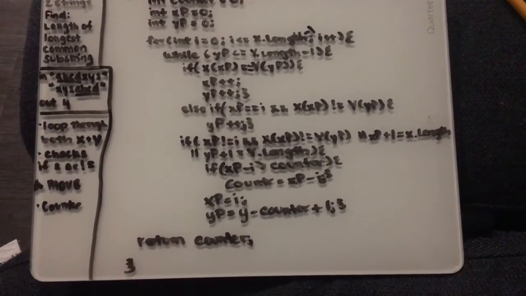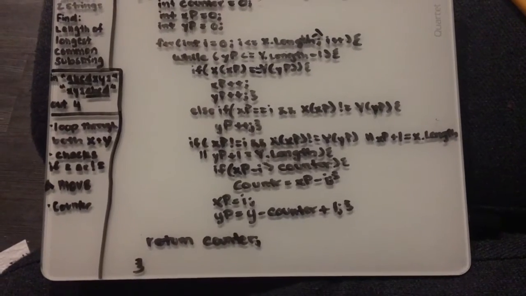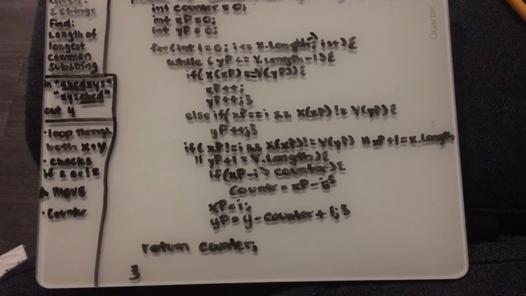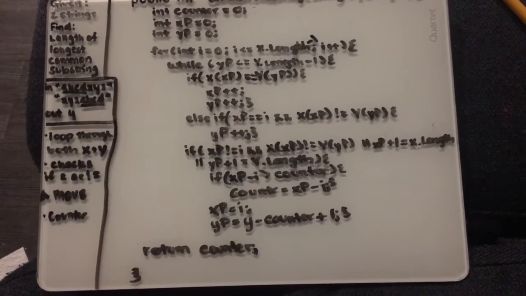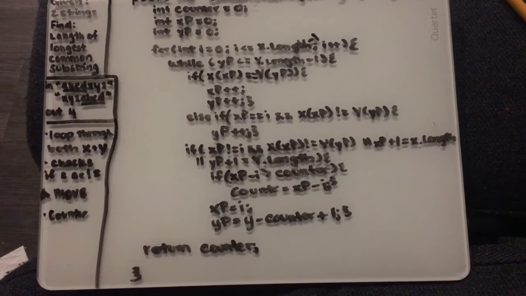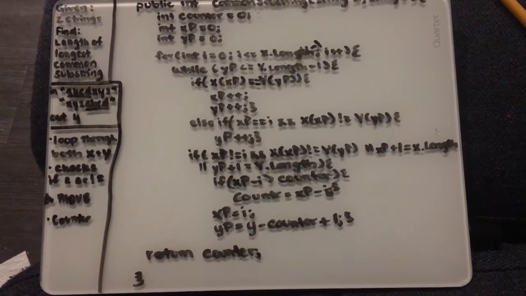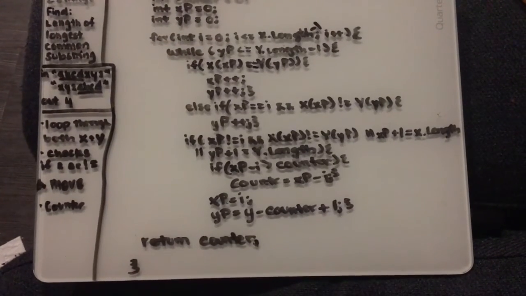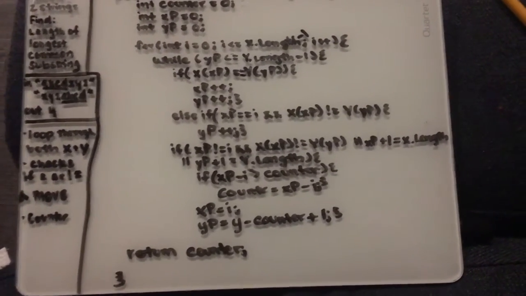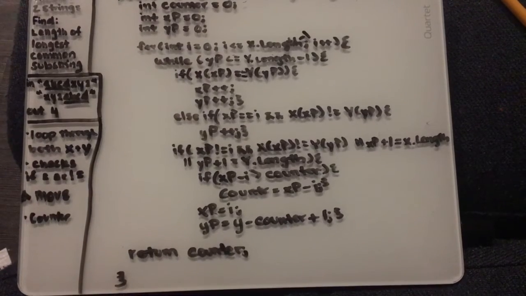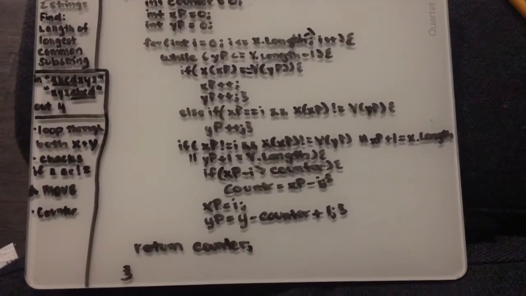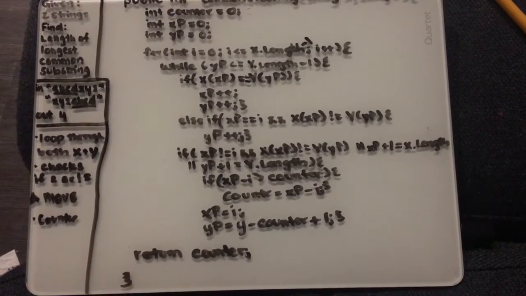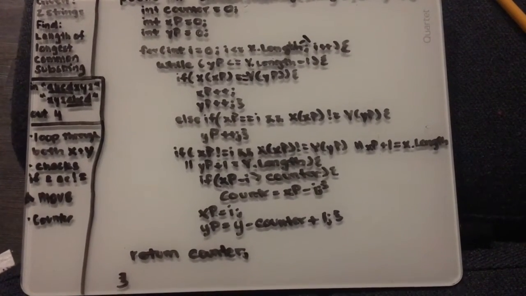If the x pointer is not equal to I, so it has moved, and x at x pointer is not equal to y at y pointer, or the x pointer plus 1 is equal to x length, or the y pointer plus 1 is equal to y length.